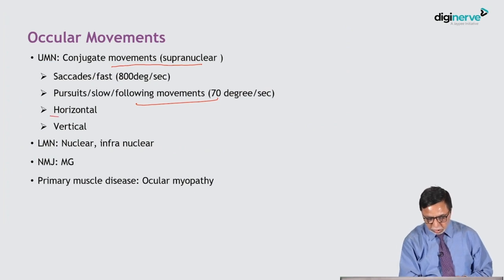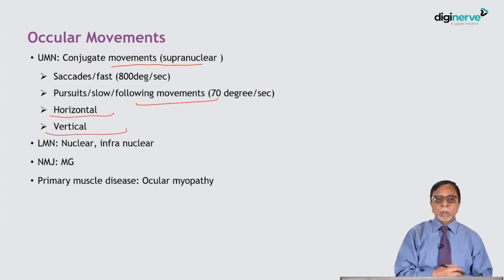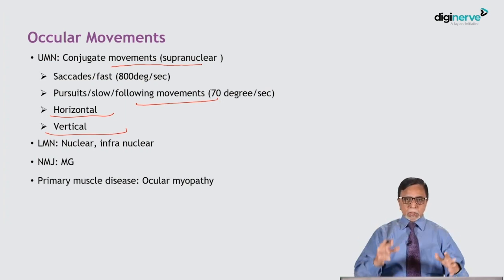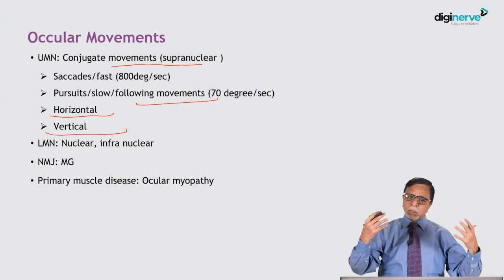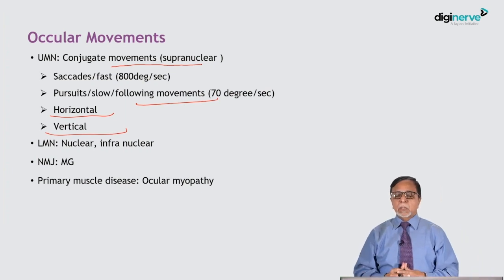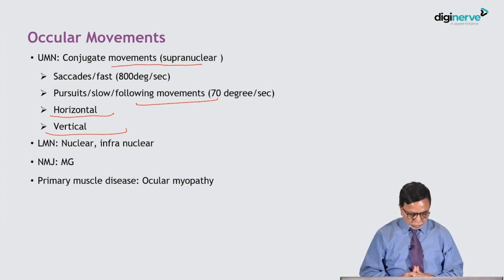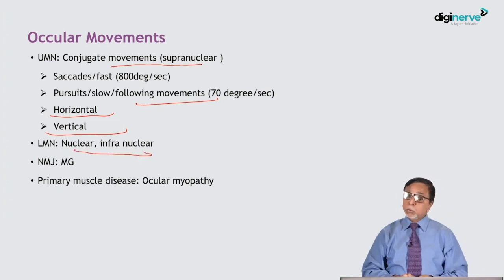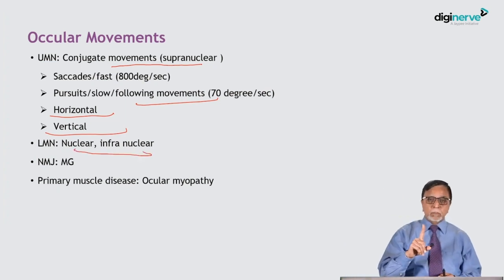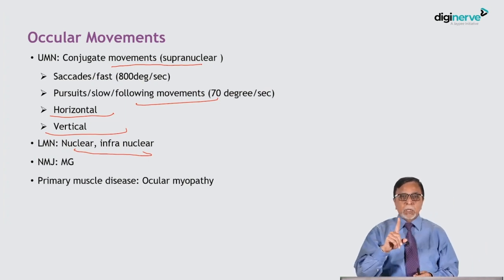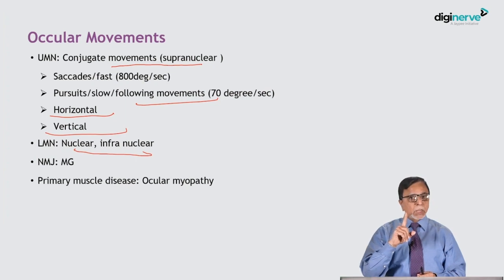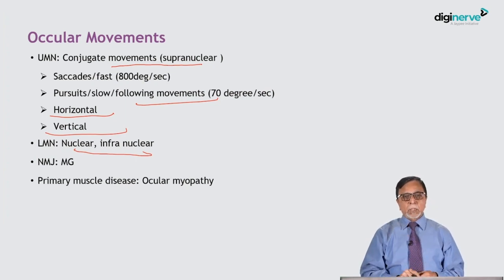Now, is it horizontal or vertical? Vertical, we know classically in progressive supranuclear palsy, or Steele-Richardson-Olszewski syndrome, which you must have read in Harrison or other medicine books. Lower motor neuron, nuclear or infranuclear: this you should carefully differentiate. Now, suppose there is an infranuclear facial palsy on the right side, and there is a left side hemiplegia. Where is the lesion?